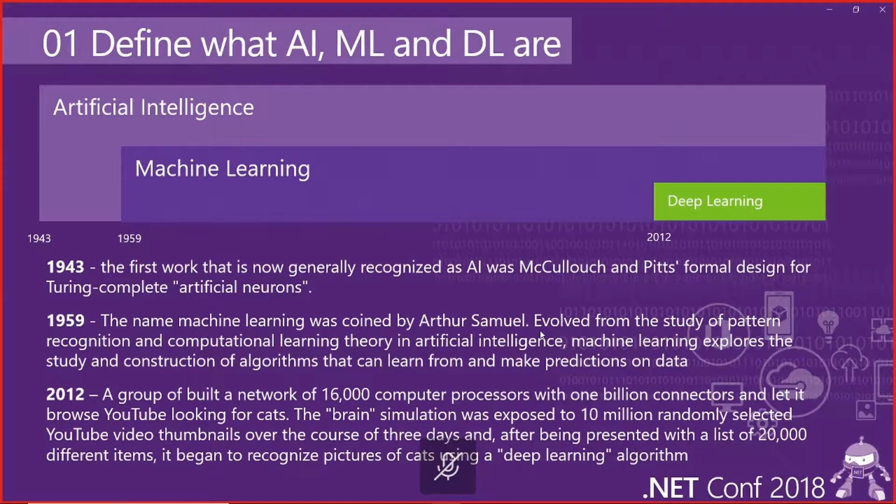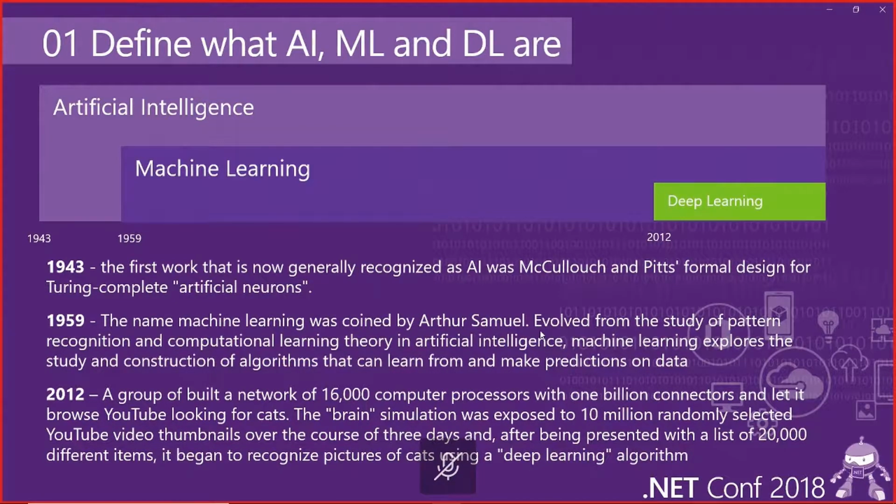In 2012, and this was reported in major journals in the United States, like Wired and the New York Times, a group of scientists was able to build a network of 60,000 computer processors with 1 billion connections and let it browse YouTube looking for cats.